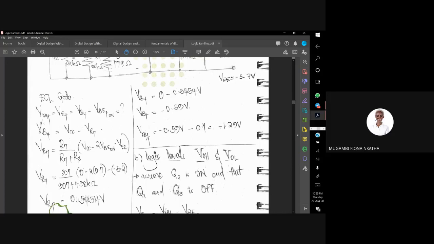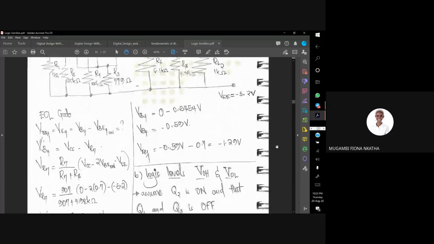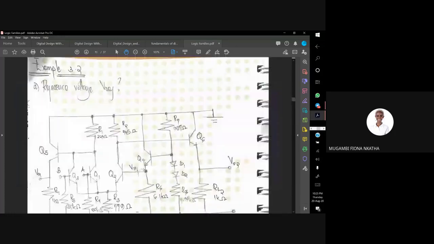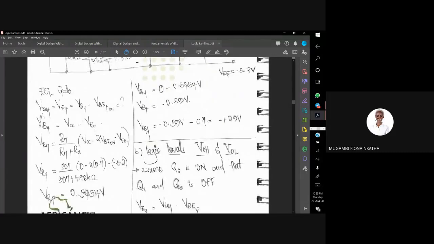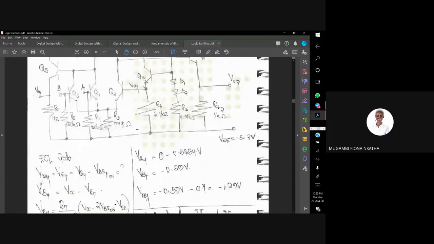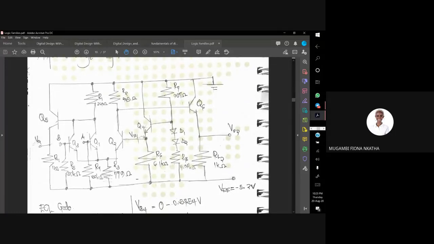Then you're asked to find the logic levels, the output when it's high and when it's low. When you assume Q2 is on and that Q1 and Q3 are off, are you guys seeing?